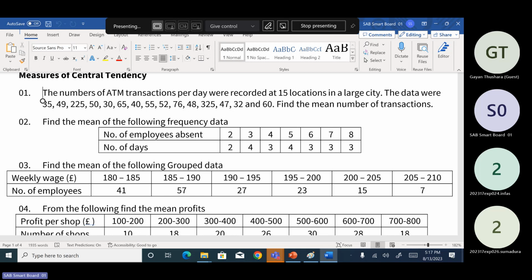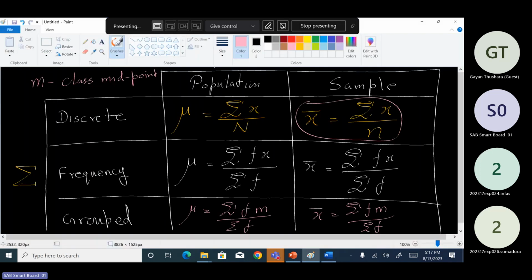So here we have the formula, and we have to use this formula.